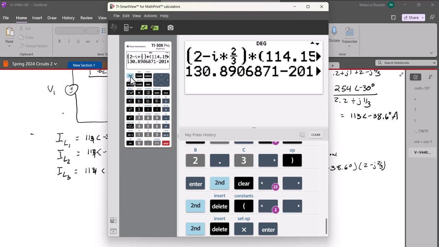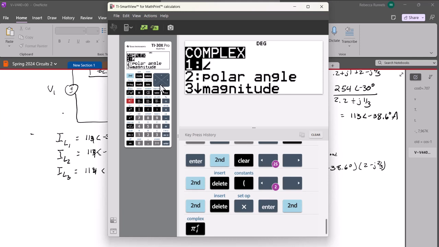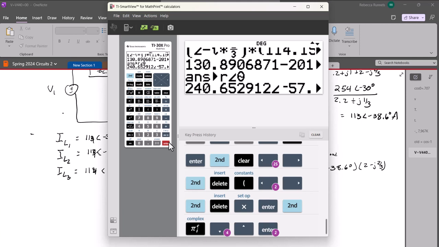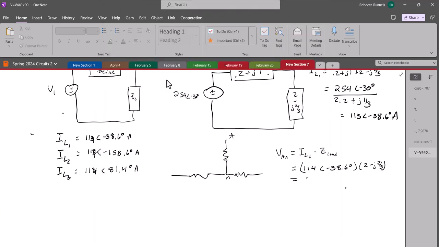Oh, I need to convert to polar. There we go. 240.6 angle negative 57 degrees. VAN, so that tells us that the BN would be 240.6, and then subtract 120 degrees, negative 177 degrees.